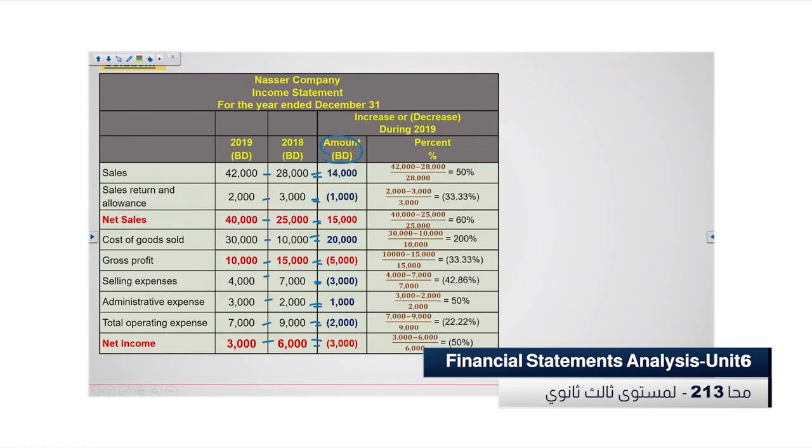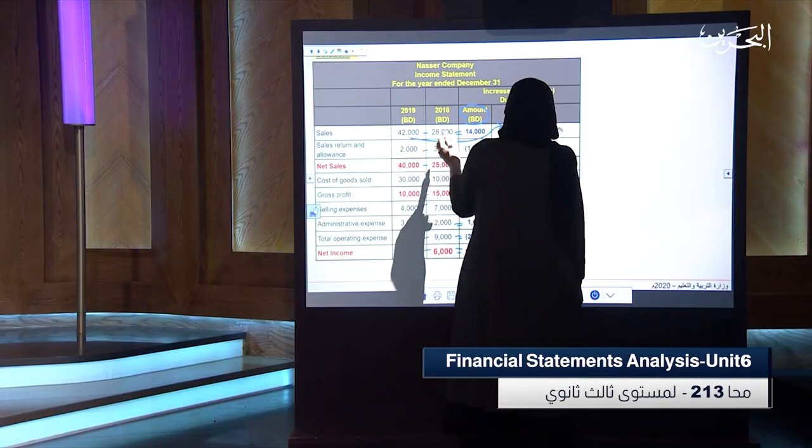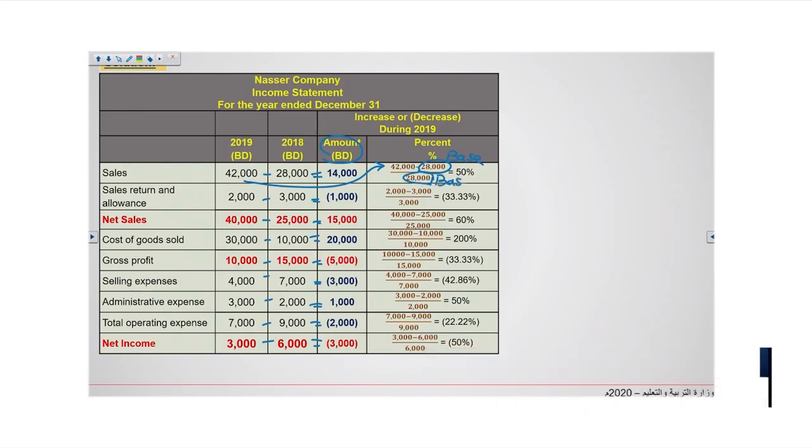Okay, for the percent, it's the same formula. Let's see the sales. We will add the current amount, minus the base over the base amount. It will give us the 50%. The same for the sales return.